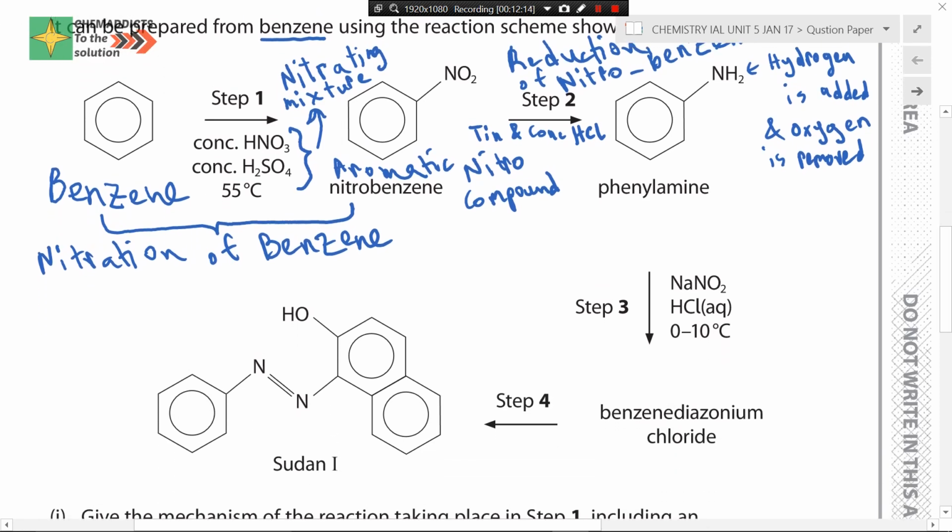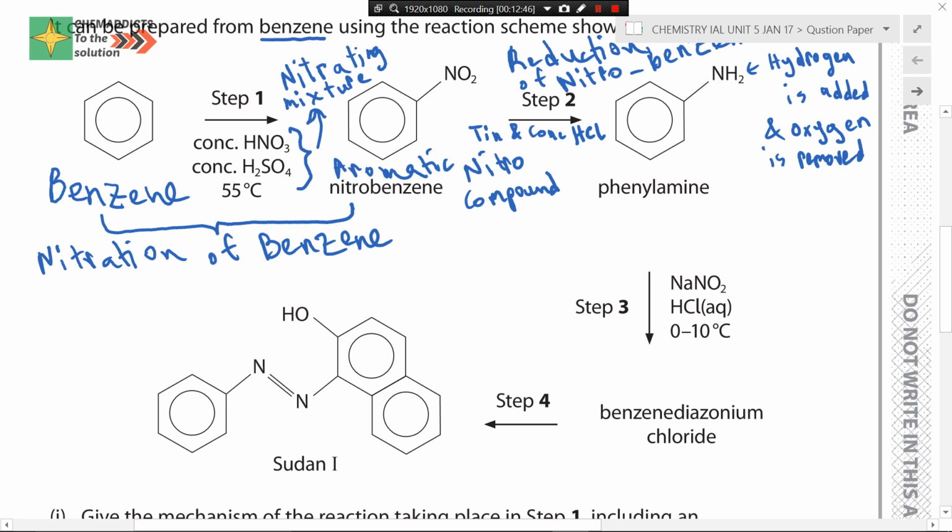Here we are forming benzenediazonium chloride from phenylamine. In the third step, we form benzenediazonium chloride from phenylamine, and these are the reagents: sodium nitrite, dilute hydrochloric acid, and the temperature is between 0 degrees Celsius and 10 degrees Celsius.